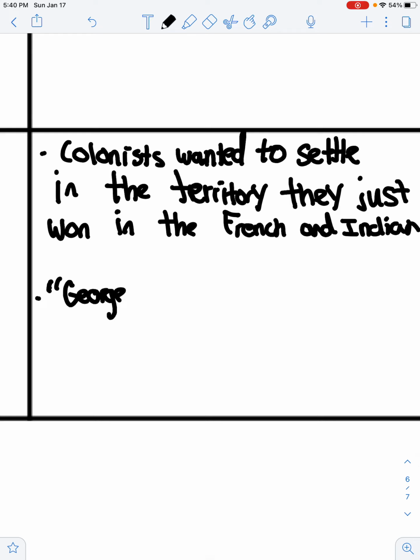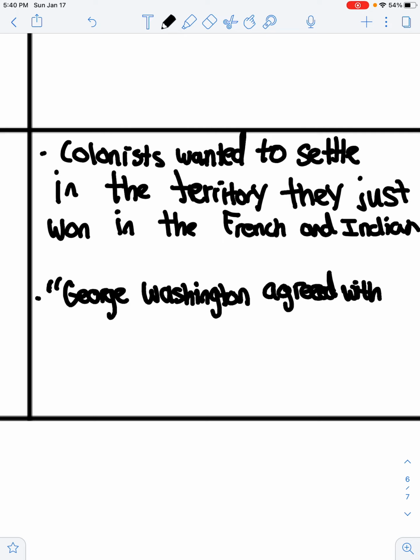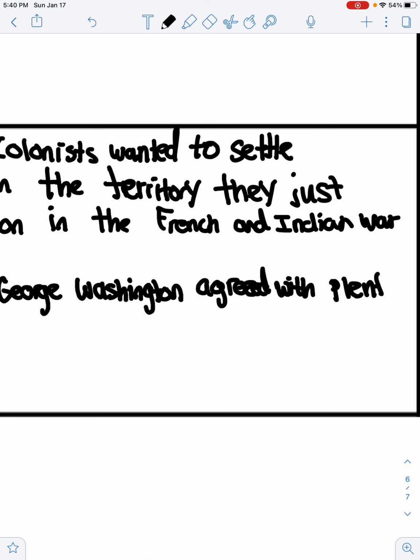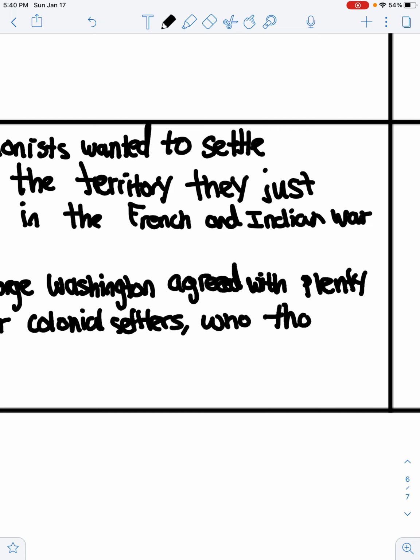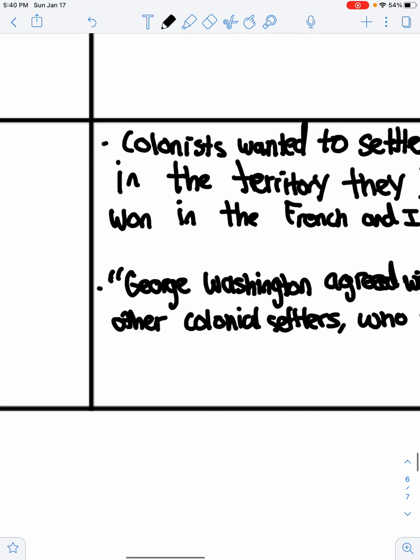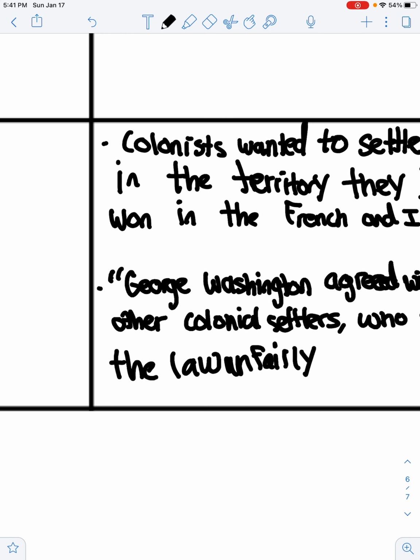George Washington agreed with plenty of other colonial settlers who thought the law unfairly limited their rights.